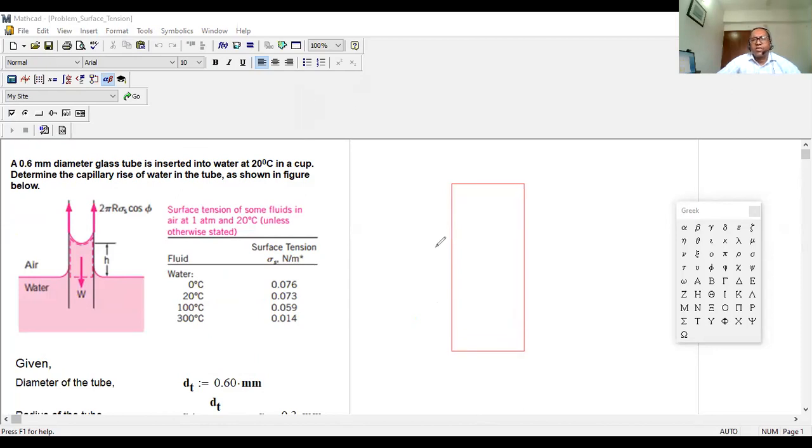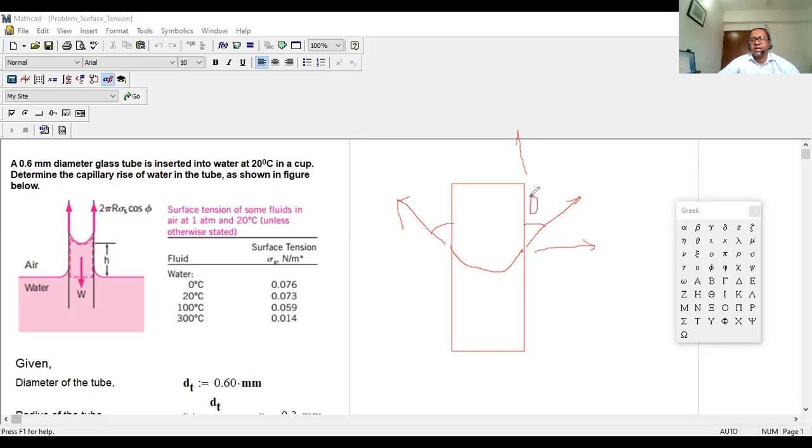Now, normally this curved surface is called the meniscus, right? You remember, this is the meniscus. So right over here, what will be the direction of the surface force? Directly working at a certain angle. If you know this angle, you can figure out the vertical component and horizontal component.